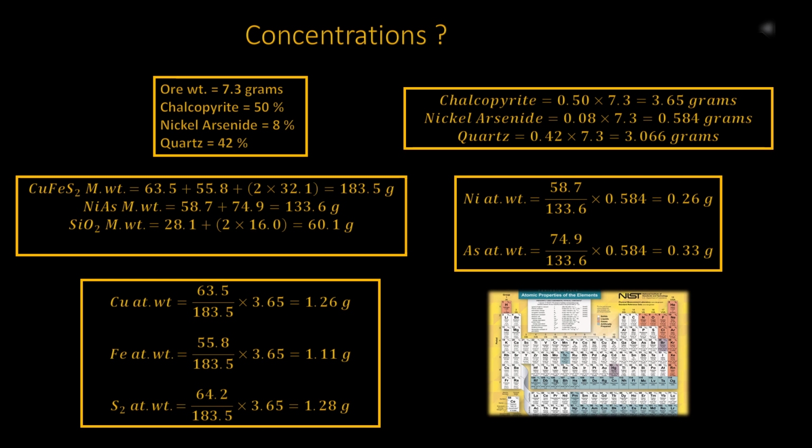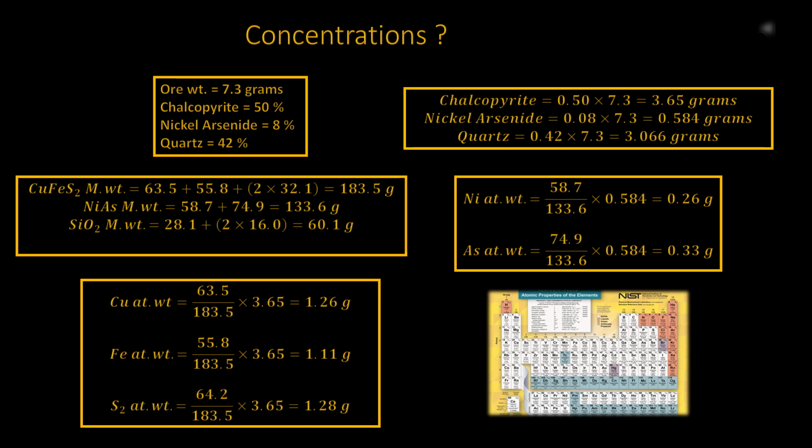The calculations are shown. For the chalcopyrite, which contains copper, iron, and sulfur, the molecular weight is 183.5 grams. The molar weight of the copper given in the periodic table is 63.5 grams.